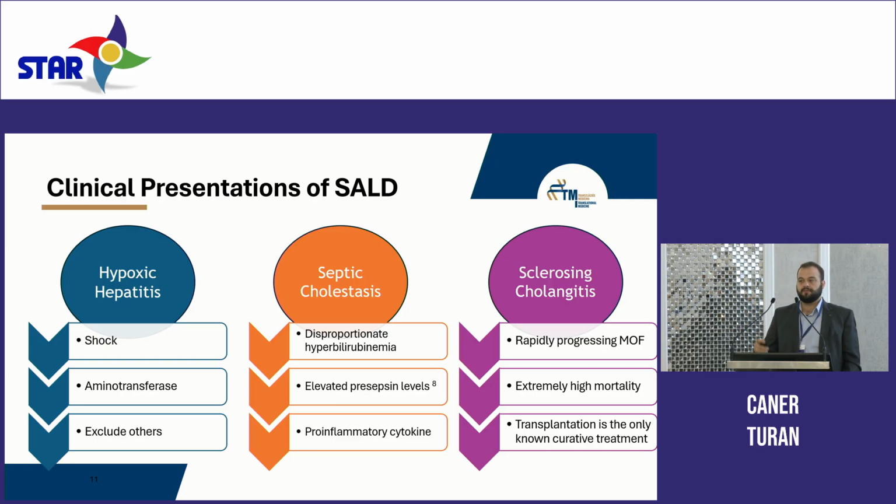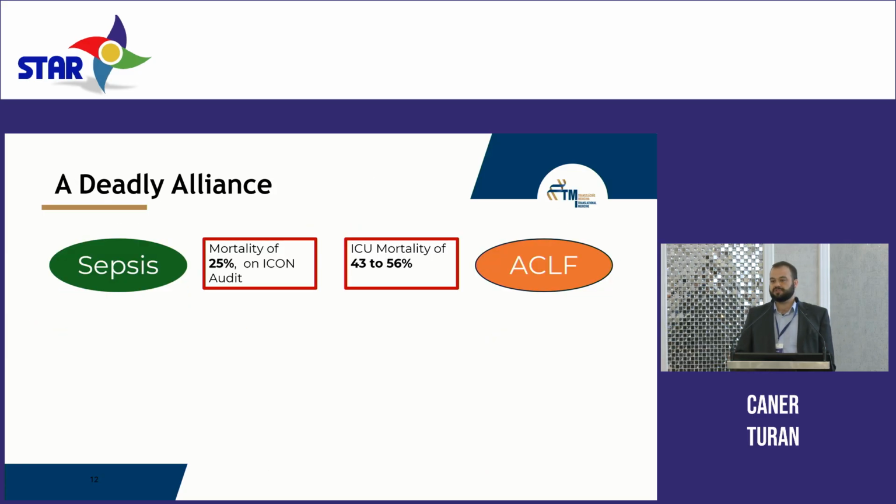And finally, when patients progress into sclerosing cholangitis, we will observe a rapidly progressing multi-organ failure for which, to this day, transplantation is the only known curative treatment. There is one more extremely dangerous clinical presentation, which is acute on chronic liver failure.